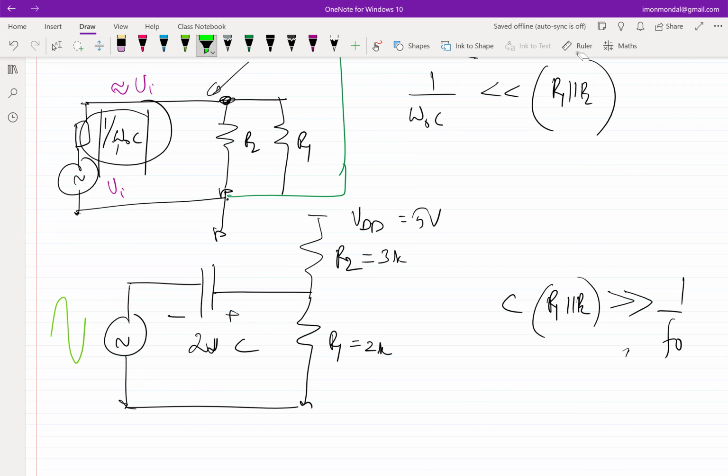Ideally, the way I have gone ahead, this should be 2 pi over omega naught. So the approximation should be this, isn't it?